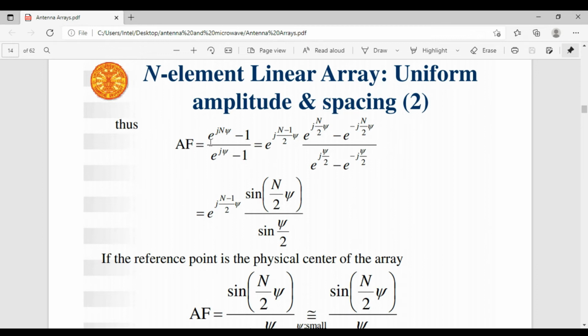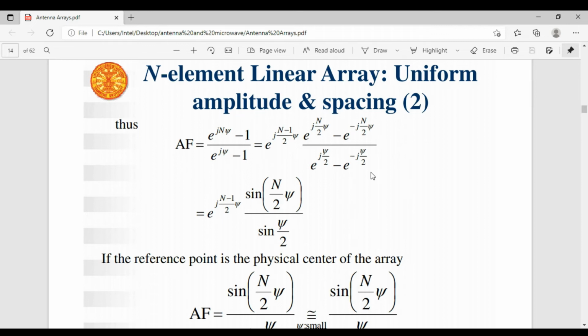So the same concept we are using here. 1 means e power 0. We need the e power 0 value. e power 0 means e power minus some value and e power plus some value, in the sense when we add those together, e power 0 will come. So that is the same concept. So e power n by 2 psi, we are taking outside.